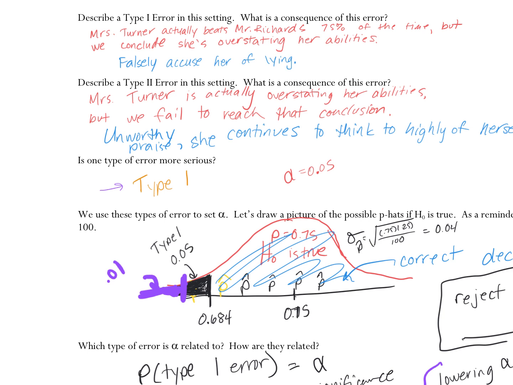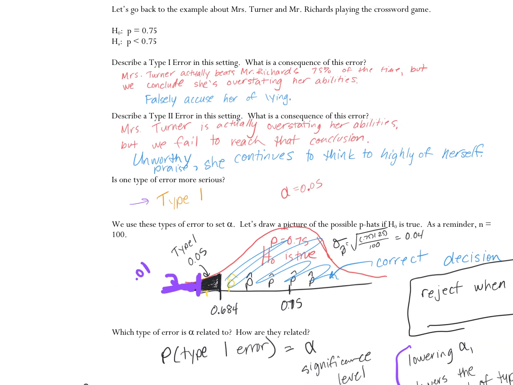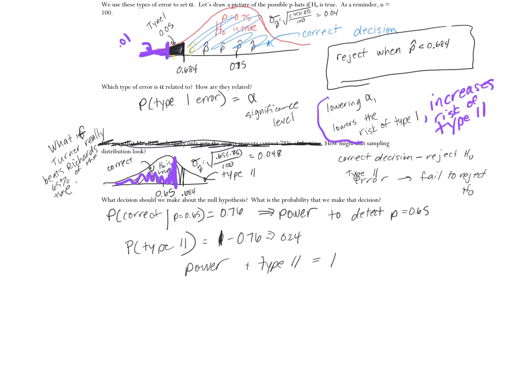They won't expect you to go through this whole process. But they might have you do the error analysis and explain which alpha you would use. The idea is recognizing that they work against each other. Power and type 2 are complements of each other because they both happen when the alternative is true. One's a good decision, one's the bad decision. Okay?